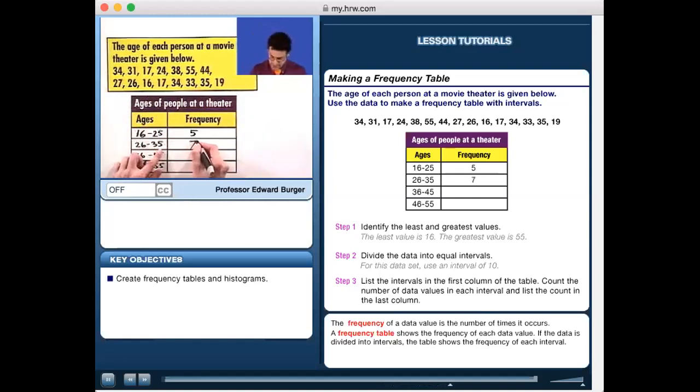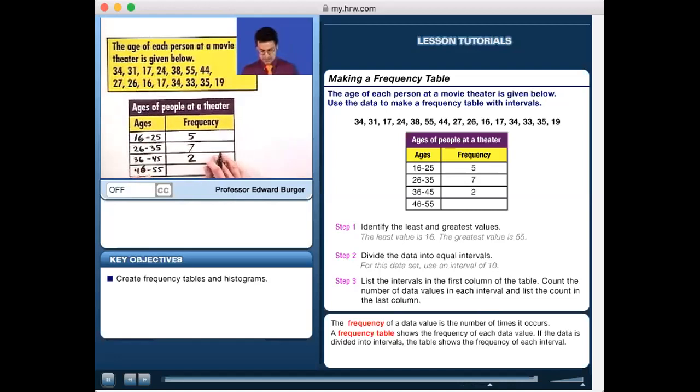Okay, so 7 in that group. 36 through 45, let's see how many we see here. I have 1, 2, that's 2. And finally, what about 46 through 55? 1, and that's it, 1.